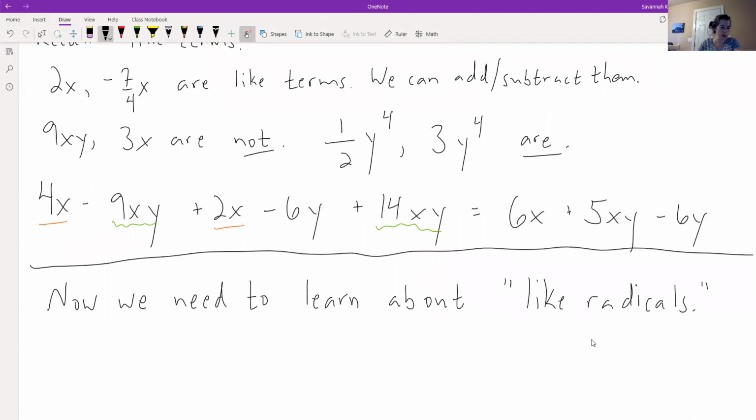So I'm kind of torn whether to write the textbook definition at all, ever, because it's a little bit wordy. The terms are a little bit mathy, but let's just look. 4 square root of x, 3 square root of x are like radicals.